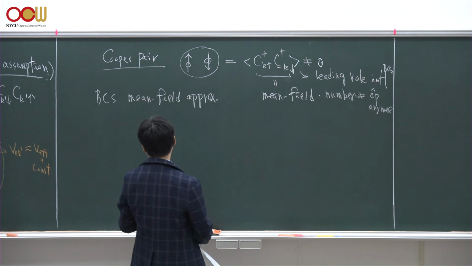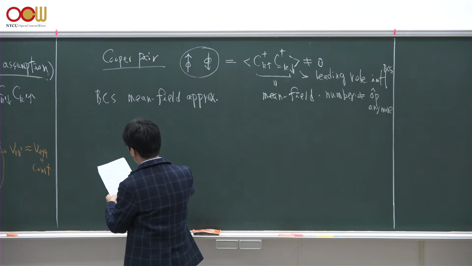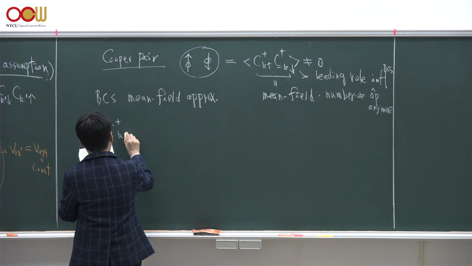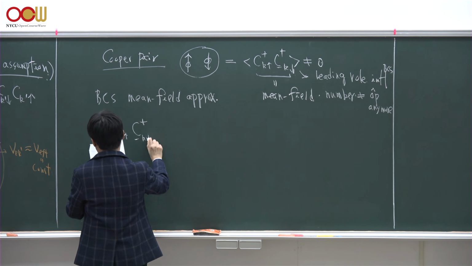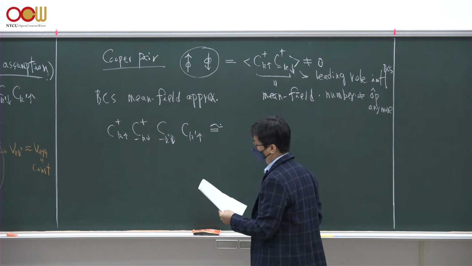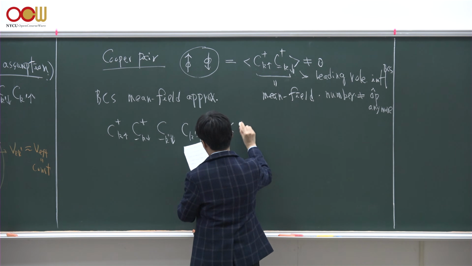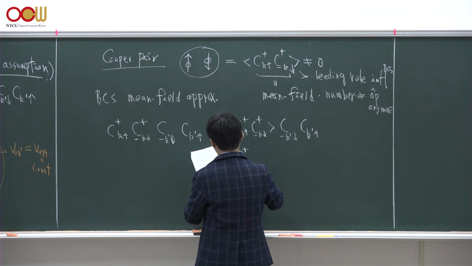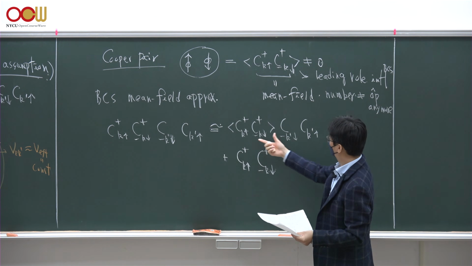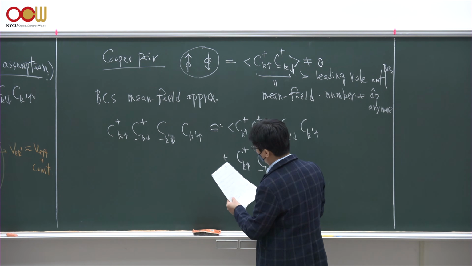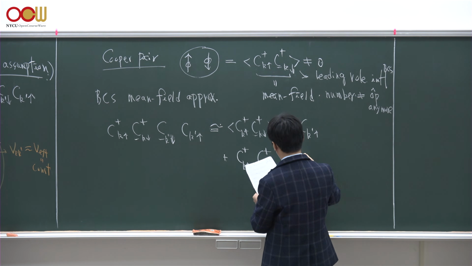As a result, we could make the following mean field approximation, that this four-fermion term is approximately given by these mean field variables. The mean field could be taken for dagger pairs or non-dagger pairs, and of course you should sum over these two possible pairings.